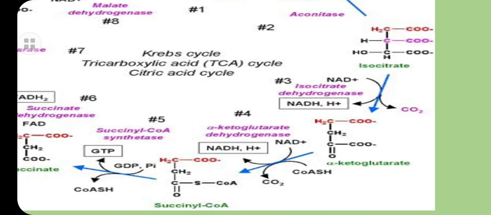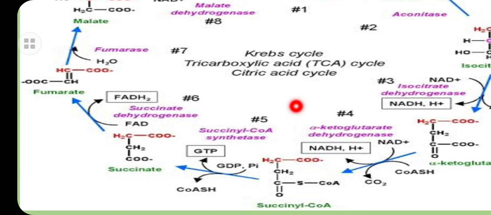The next step is oxidation of alpha-ketoglutarate into succinyl coenzyme A. Alpha-ketoglutarate, as I have already told you, is a 5-carbon molecule which converts into a 4-carbon molecule and produces 1 carbon dioxide molecule in the presence of the enzyme alpha-ketoglutarate dehydrogenase, and hydrogen is accepted by NAD.